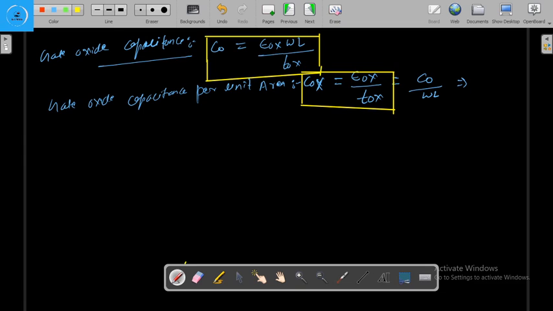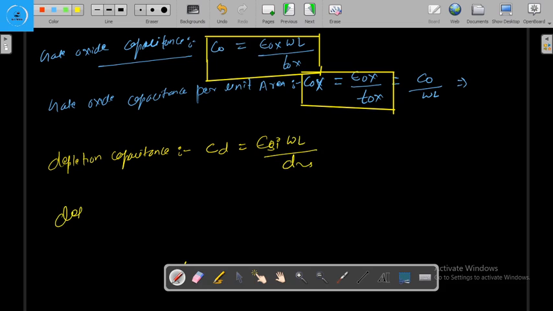Right, now see what the depletion capacitance is. Depletion capacitance CD will be equal to epsilon Si WL divided by T. This is the permittivity of the silicon, epsilon OX is the permittivity of the SiO2, and T is the thickness of the depletion region.